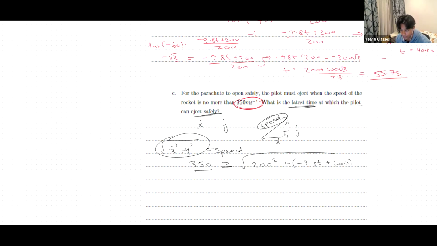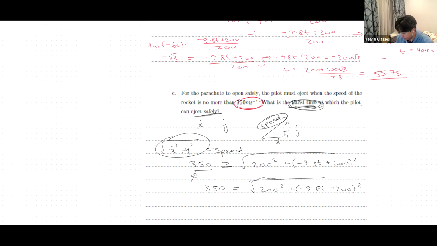For the maximum case, the latest time is when we take this to be equal to 350. So for simplicity, we're just going to say this, and then square both sides to get rid of this root.